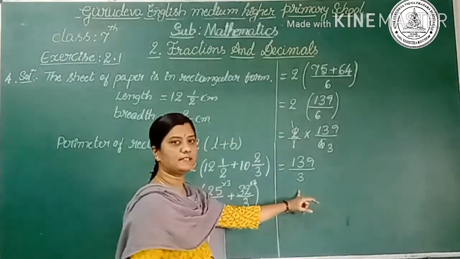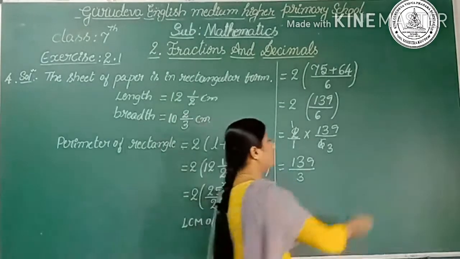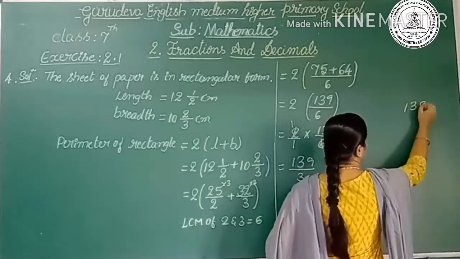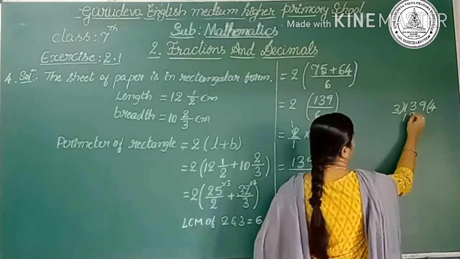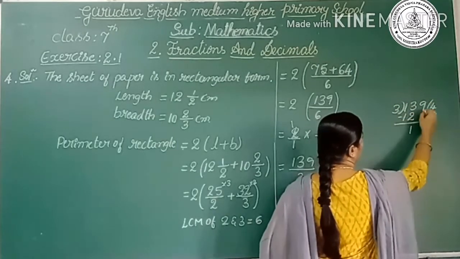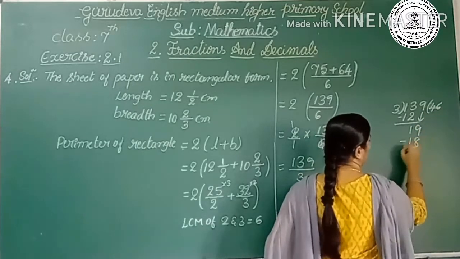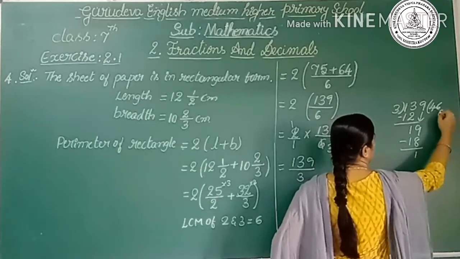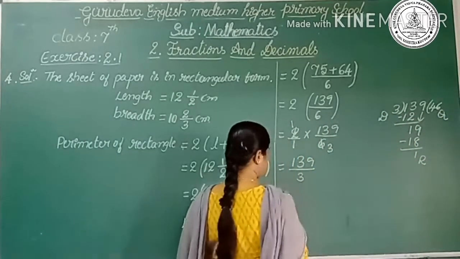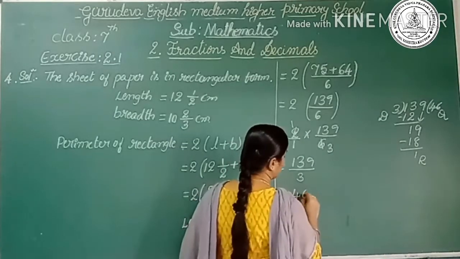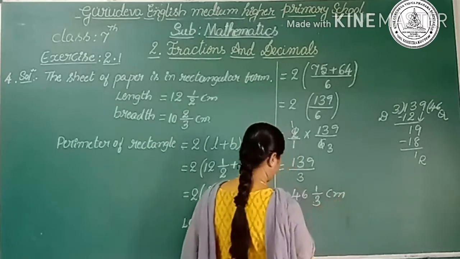Now you may see it is an improper fraction, so convert it into a mixed fraction by dividing 139 by 3. 3 fours are 12, subtract, remainder 1, take 9 down, 3 sixes are 18, minus, remainder 1. So we have the quotient, remainder and divisor, which gives 46 whole 1 by 3 centimeter.